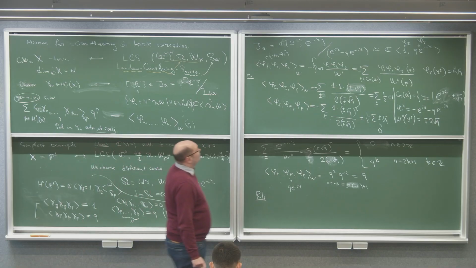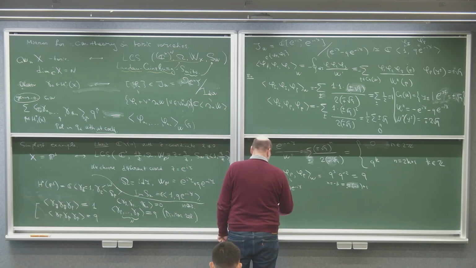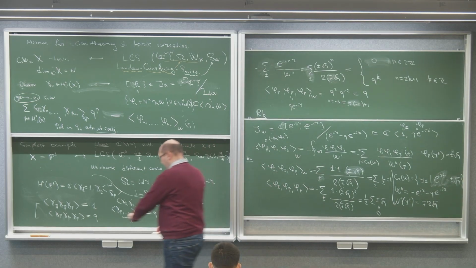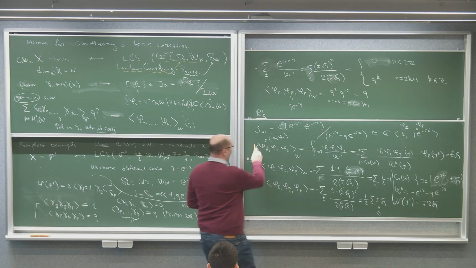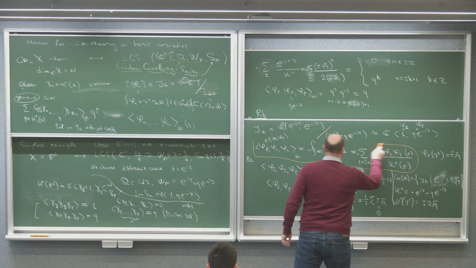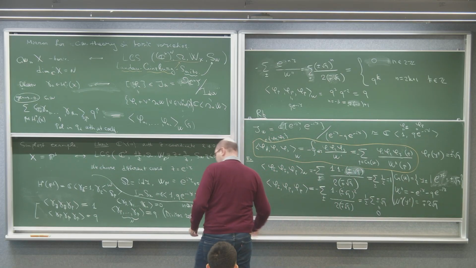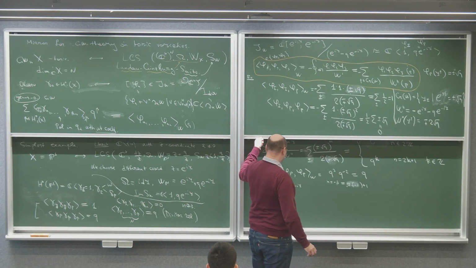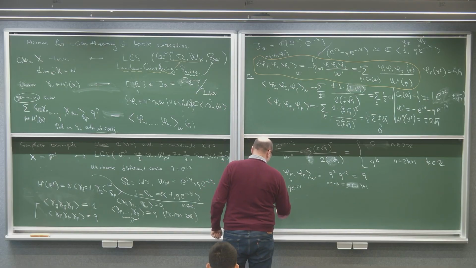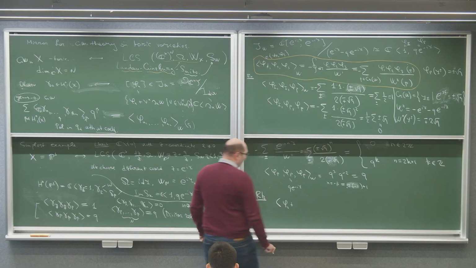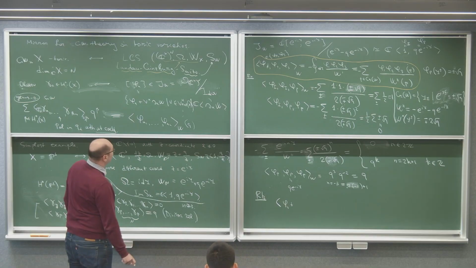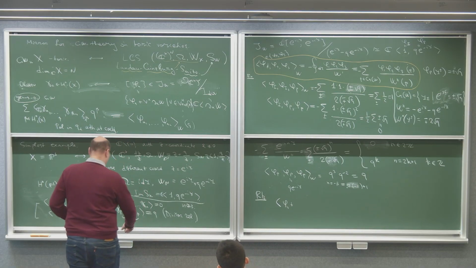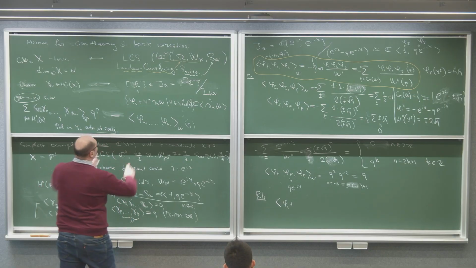If you look at the definition for a 3-point function given this way, there is the following property. So if I take phi1 and shift it.